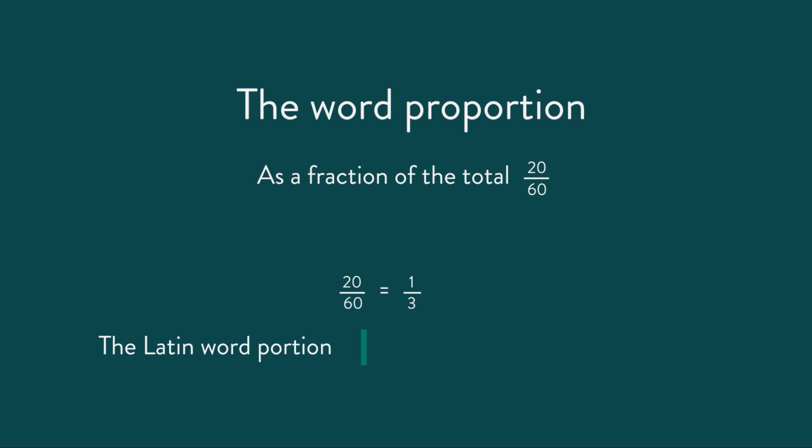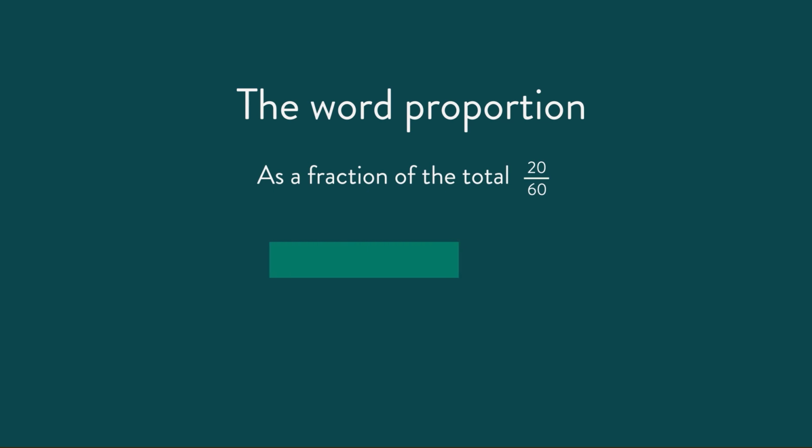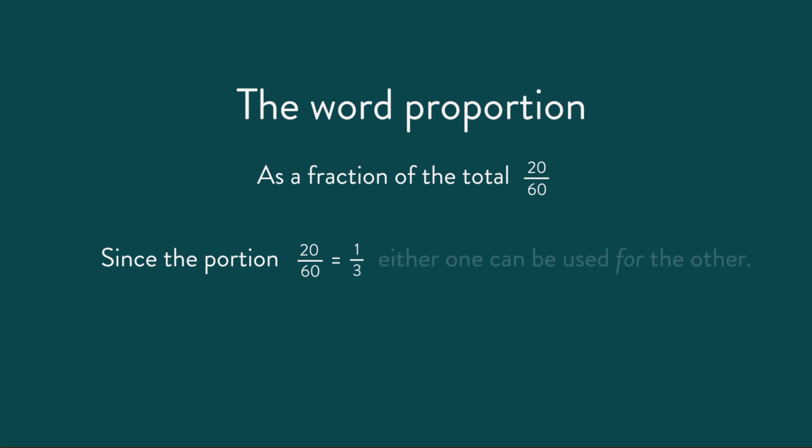The Latin word portion means the fraction a part is of the whole. The Latin word pro means for. Since the portion 20/60ths equals the portion 1/3, either one portion can be used for the other.